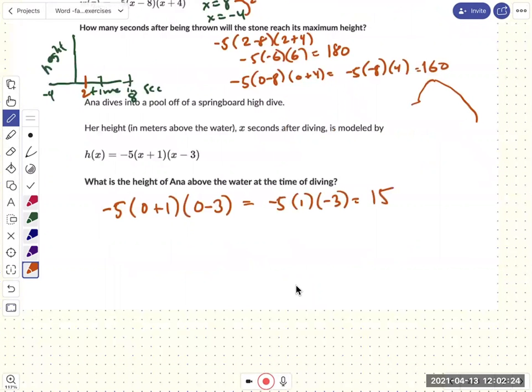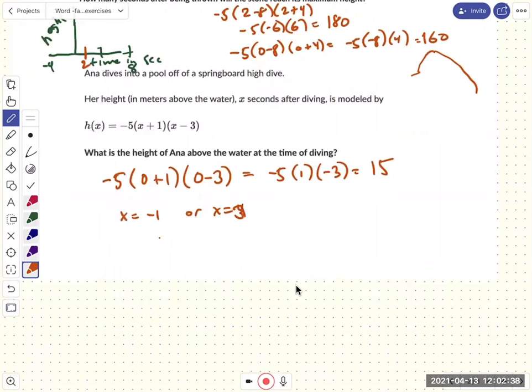All right, so what's the highest that she gets? Well, let's look at our zeros. So we have x equals -1 or x equals 3. So they're 4 apart. So halfway between -1 and 3 is 1. So we say at 1, she reaches her highest point.